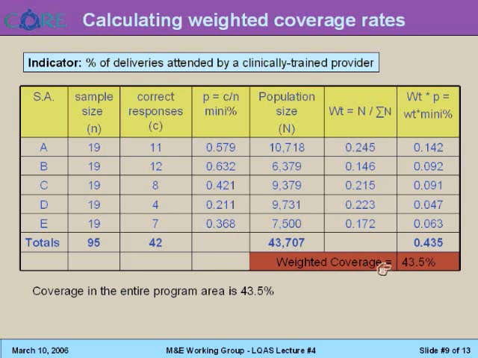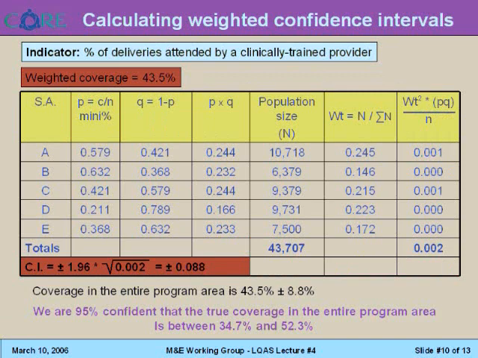So it is this way that we calculate weighted coverage rates for an entire program area based on population size in each supervision area. And for this particular example, we can say that the coverage in the entire program area is 43.5%. Let's take a look now at how we calculate confidence intervals for weighted coverage rates.